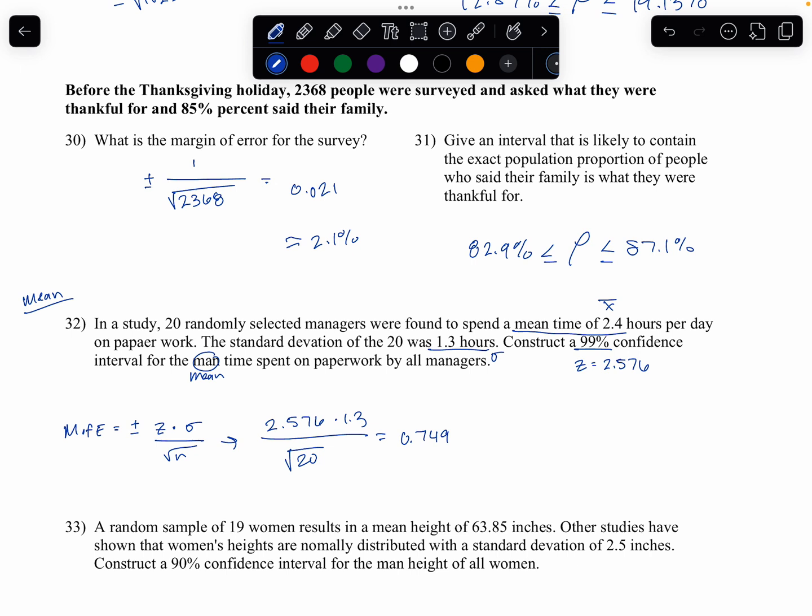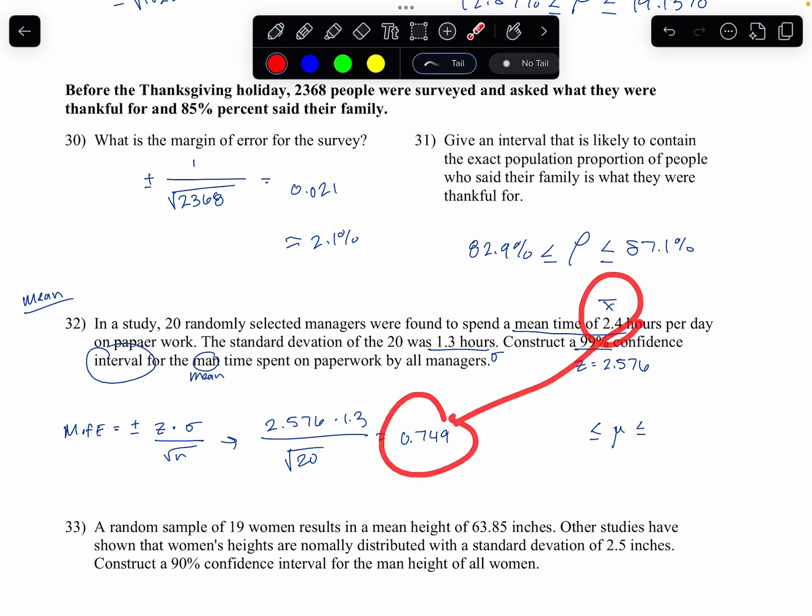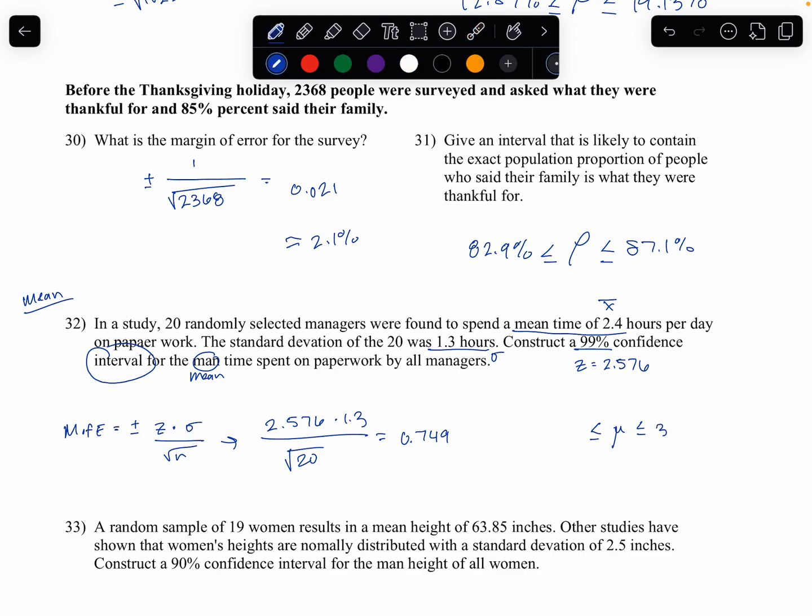And so for the confidence interval, the interval of the exact mean is going to be somewhere between. We're going to take our margin of error and add it and subtract it from 2.4. So we'll do 2.4 plus our margin of error, and I get 3.1, I'll just say 3.15.